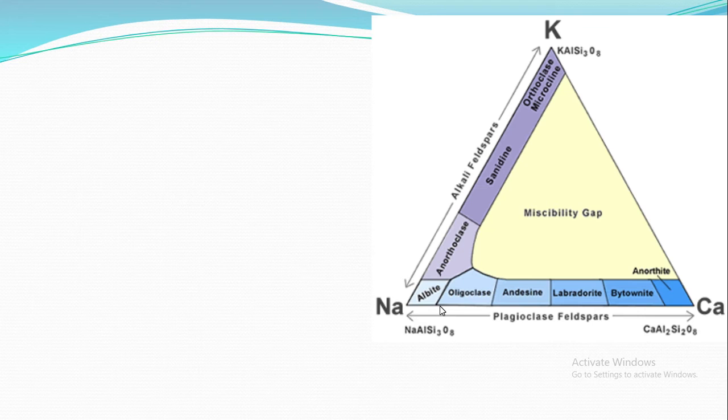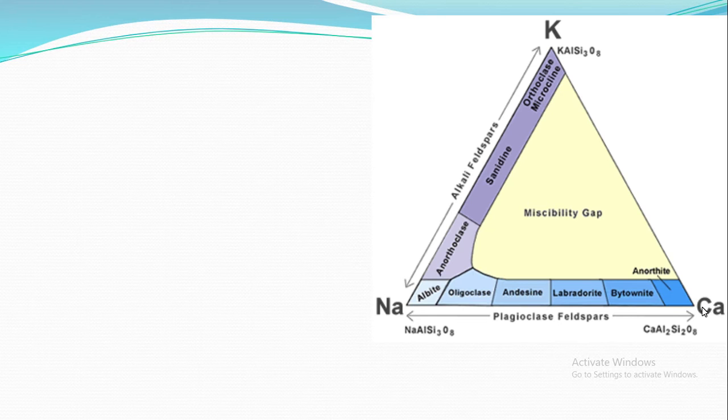Here you see, if you say this is albite, then 0, 10, 30, 50, 70, 90, 100. Okay, sir? So 0 for calcium.